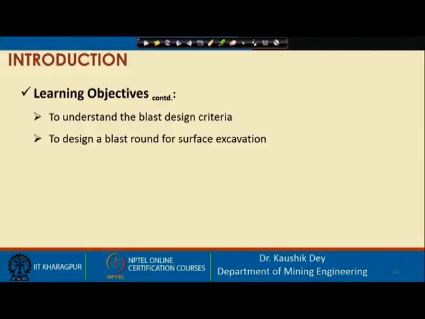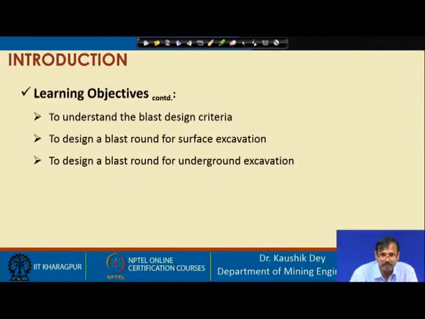The next point is to design a blast round. Considering the criteria, one person has to design the blast round. Again, it is for surface excavation, and the second one is underground excavation. Whatever the excavation, whether on the surface or underground, the laid down targets are there: desired fragment size distribution, controlled breaking, desired throw.